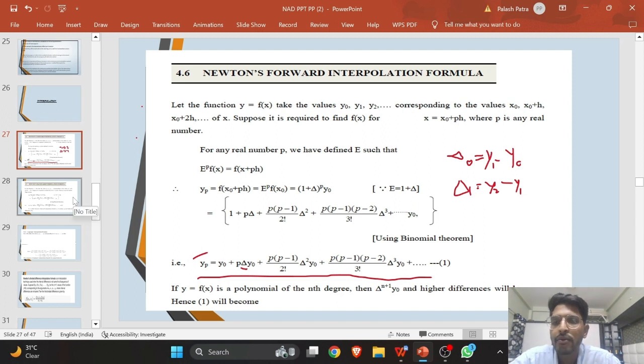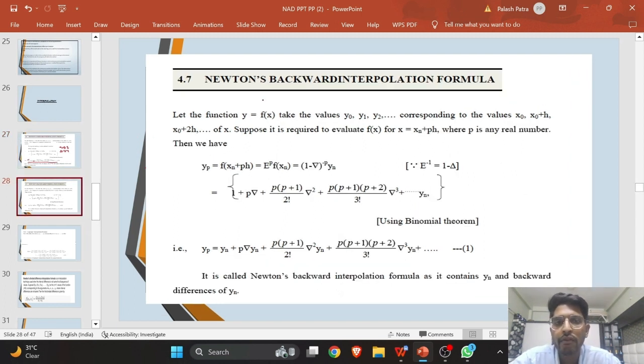Now, the second interpolation formula is the Newton's backward interpolation formula. Similar to the Newton's forward formula, which is used to calculate the value of the function at the initial stages, when we need to calculate the value of the function at the later part of the stages, we use the Newton's backward interpolation formula.